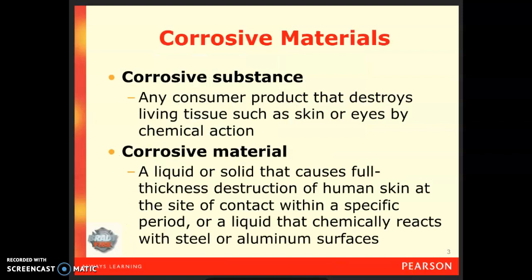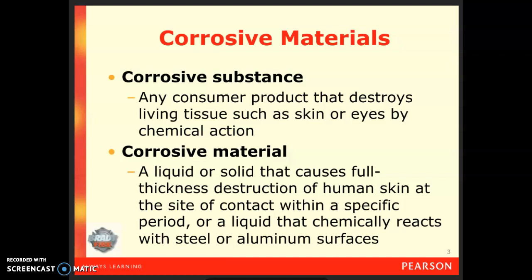Now, by definition, a corrosive substance is any consumer product that has an effect on your skin or your eyes. So if it can destroy the living tissue in your skin or in your eyes through a chemical action, it is considered by governmental regulations as a corrosive substance. Now, this differs slightly from a corrosive material.